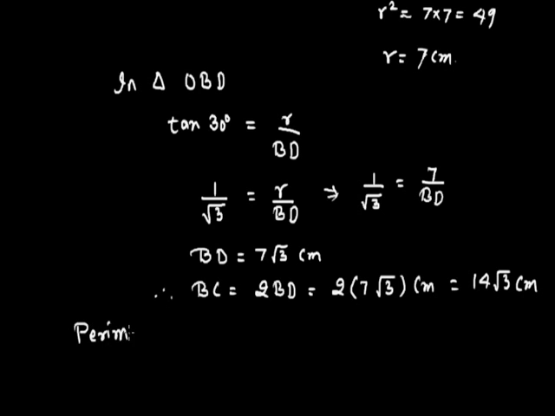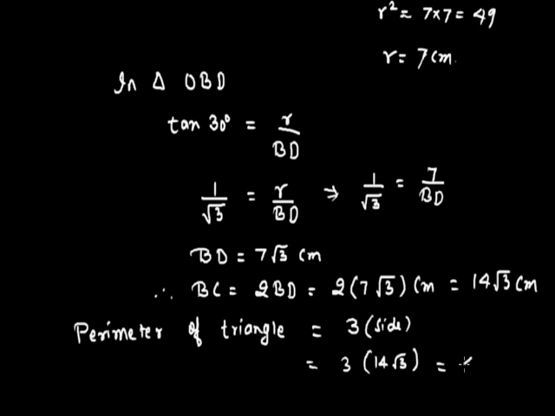So perimeter of equilateral triangle is equal to 3 times the side, and the side we have found is 14 root 3. So this will be equal to 42 root 3 centimeter. So this is the perimeter of the triangle.